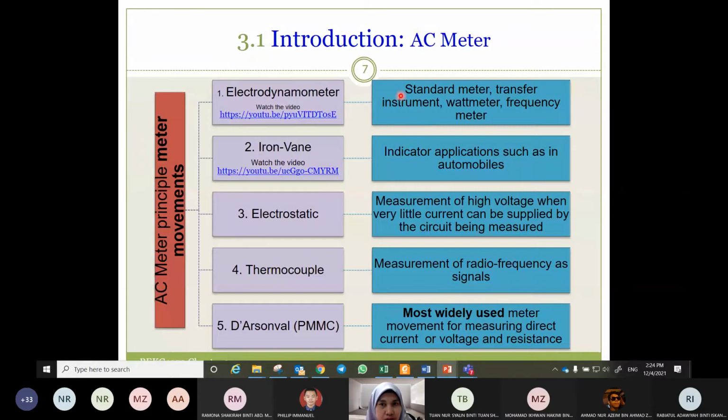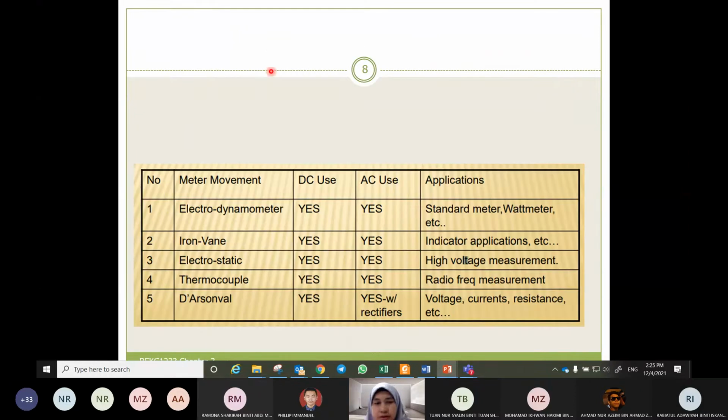But now we learn about AC meters. After this, we will learn how PMMC is converted to design an AC meter. So these are the 5 types of meter movement.